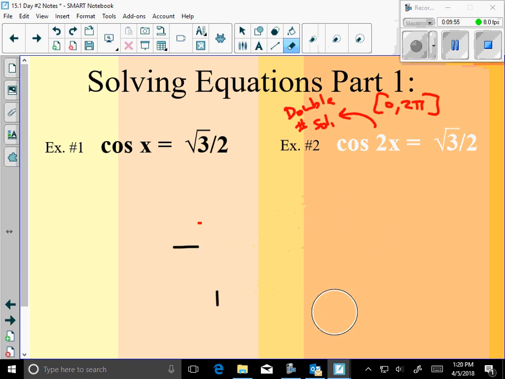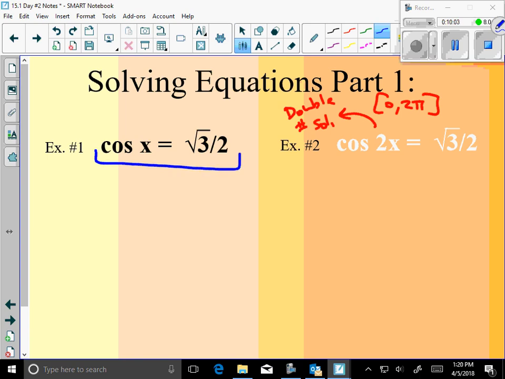So I'm going to introduce you to something very interesting here, and it might, the first time through, not make a whole lot of sense, but we'll go with it. Let's take this here. I could solve for x, which is going to be an angle, by doing this, inverse cosine of root 3 over 2.